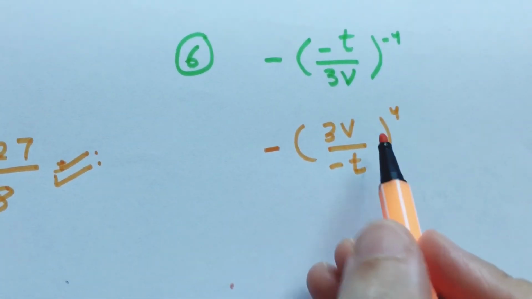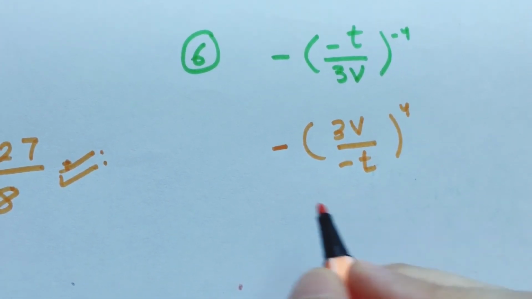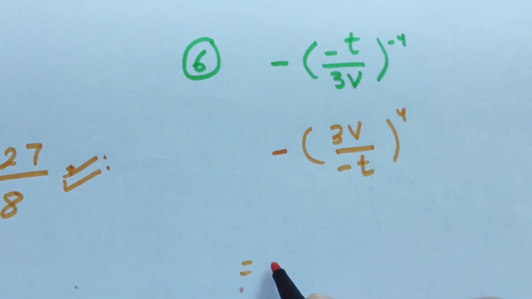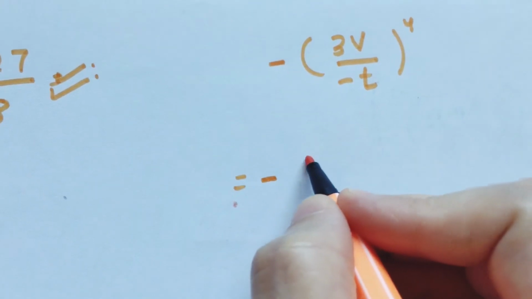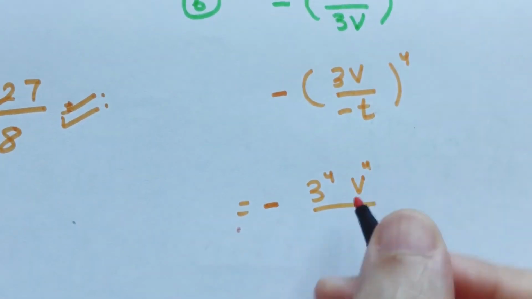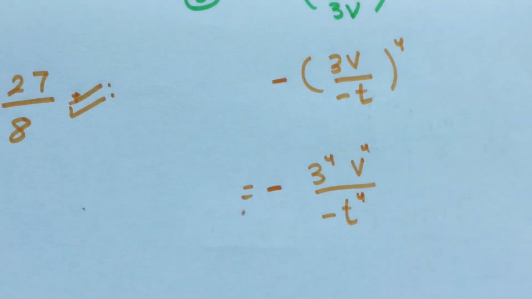Now I will distribute the 4 to all the terms inside the bracket. So it will be negative outside, don't forget. It will be 3 to the power of 4 b to the power of 4 over negative t to the power of 4.